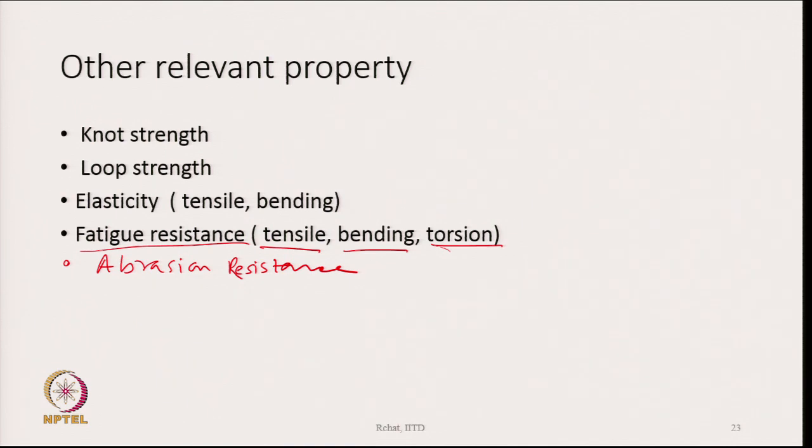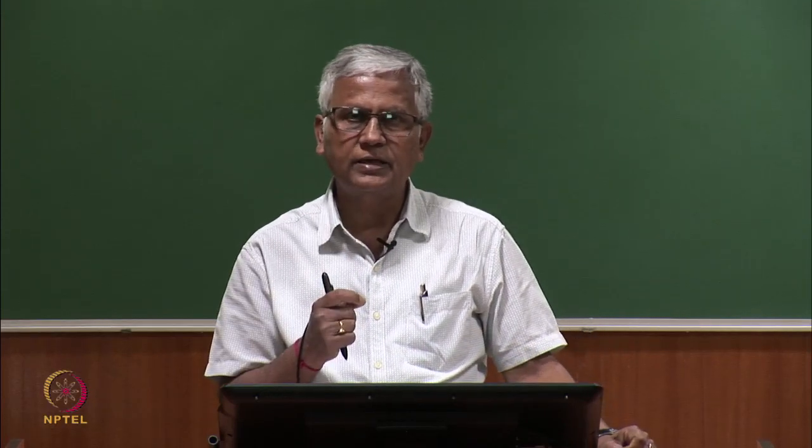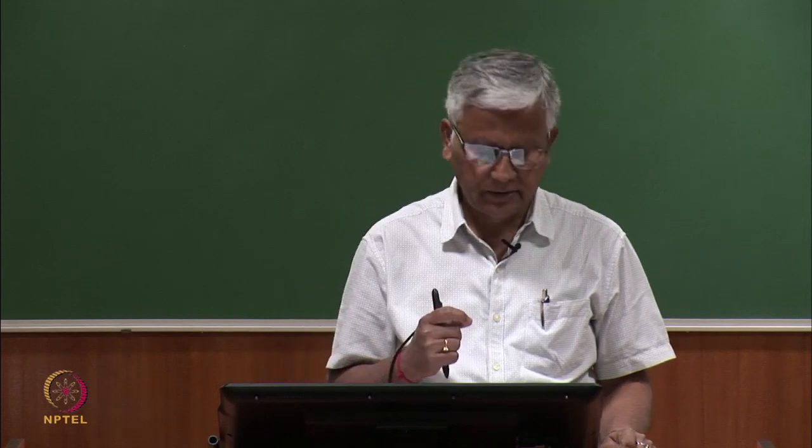So, there are so many properties of the fiber which are important, and we must create a data bank of the properties of the fibers and keep it ready to be used by a designer. Somehow this kind of data bank is not there, where such property details are there for all types of fibers.